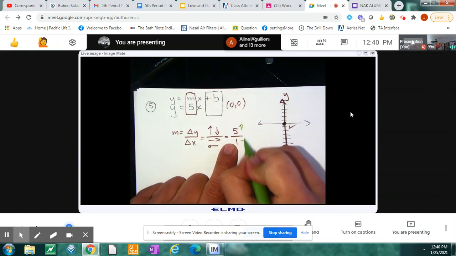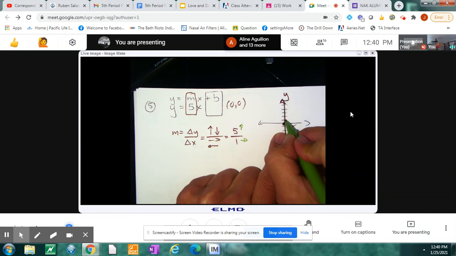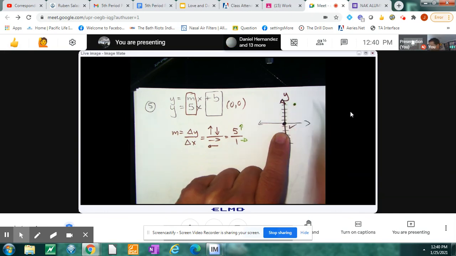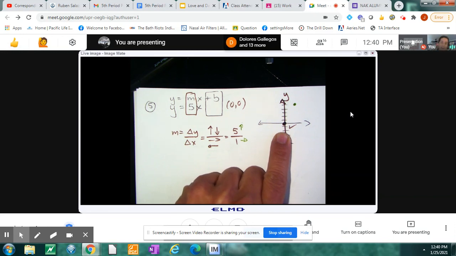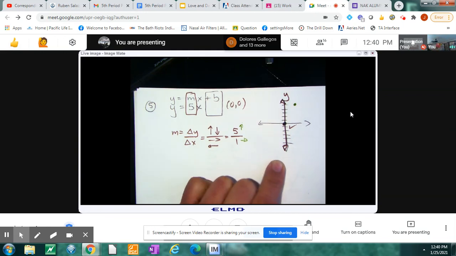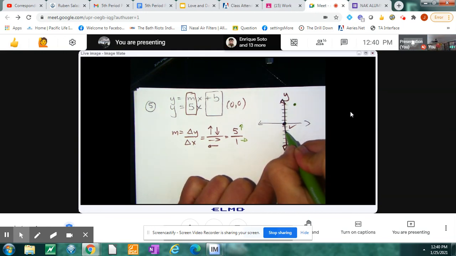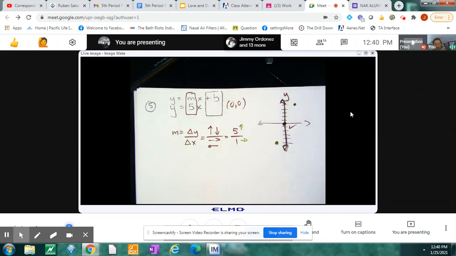5, 1. Here we go. 1, 2, 3, 4, 5, and then 1. I won't have room for the other one, so let's go the other way. Down and left. Here we go. 1, 2, 3, 4, 5, 1. Yeah, there you go.